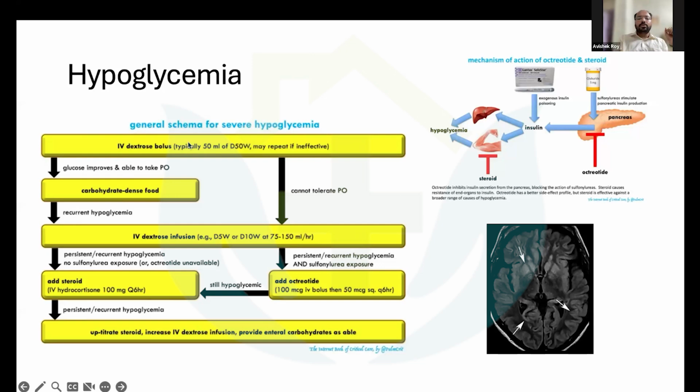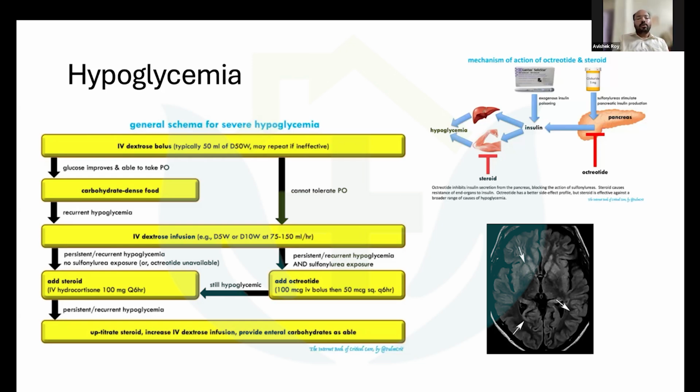If the patient is able to take orally, give some feeding, or if the patient has an RT in situ, give some feeding immediately. If you don't have IV access, at least give dextrose via the RT. That's a smart solution. And you can give dextrose in an emergency via the intra-arterial route also. This I'm telling you off the record. You can give it intra-arterially in an emergency, but definitely not to be advocated routinely.